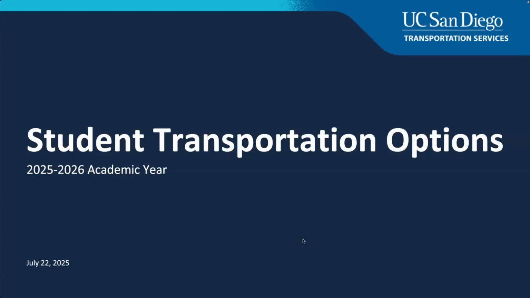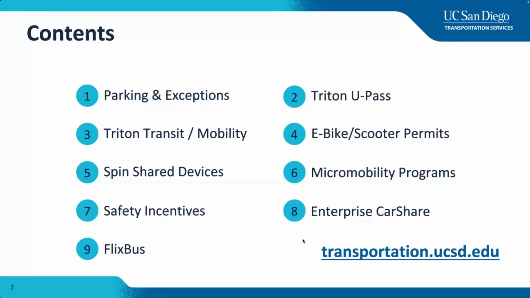So let's start off by going over the contents that we're going to talk about. Our most popular topic is parking. I want to stress first off, take it from me as a past student, that parking for students is pretty much impossible.